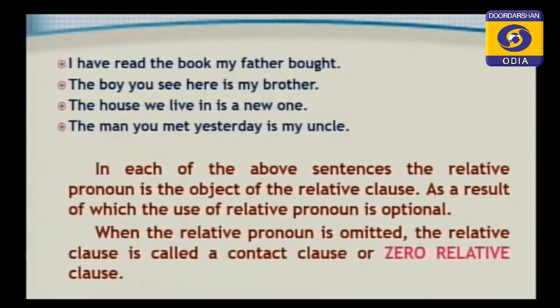Go to the screen and see it. In each of the above sentences, the relative pronoun is the object of the relative clause. When the relative pronoun functions as the object of the relative clause, we can drop it. When the relative pronoun is omitted, the relative clause is called a contact clause or zero relative clause.